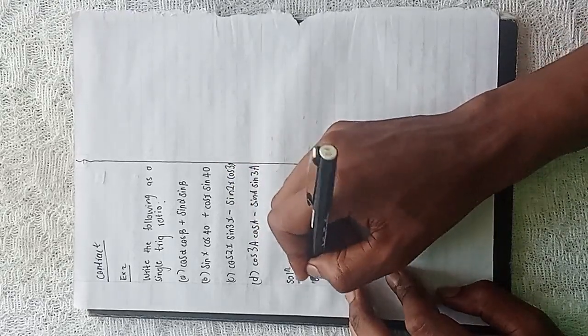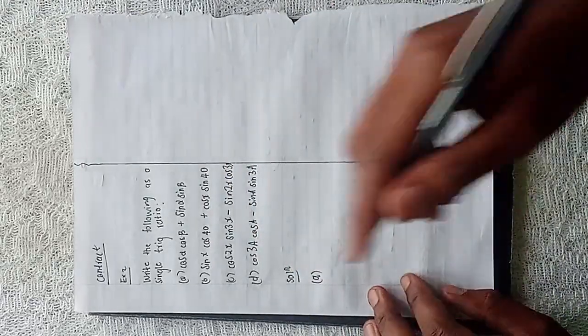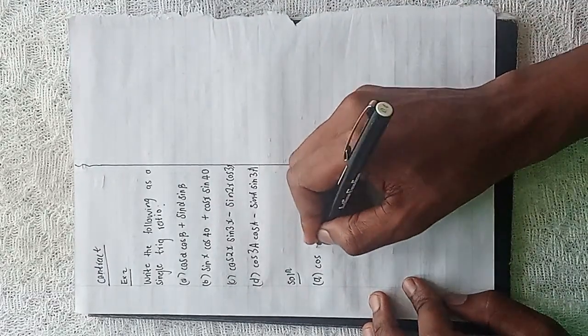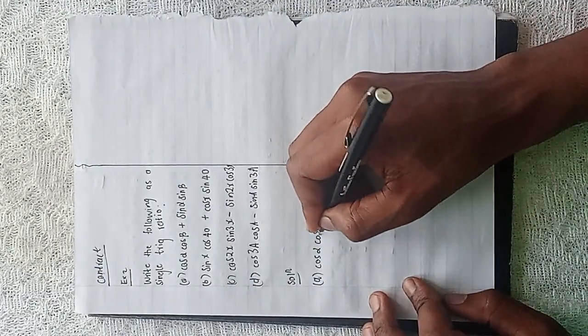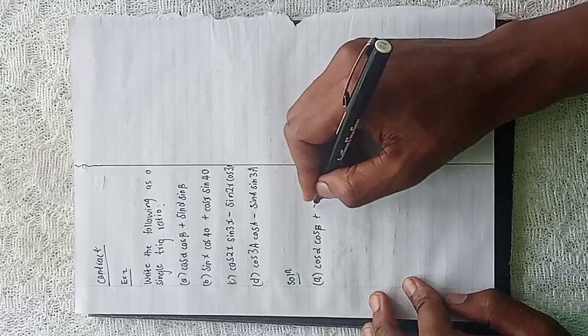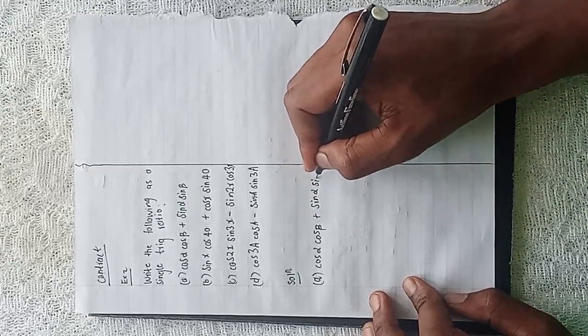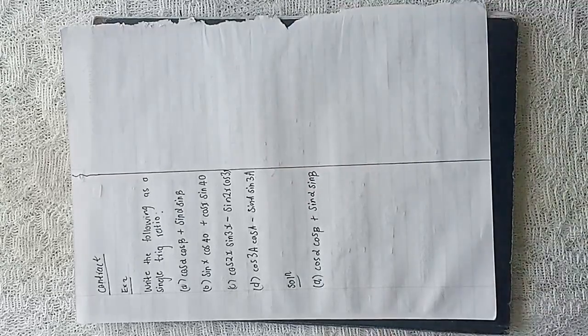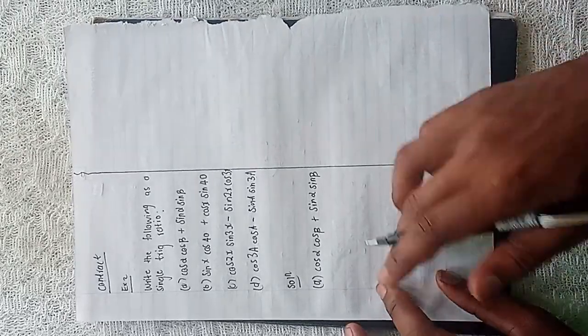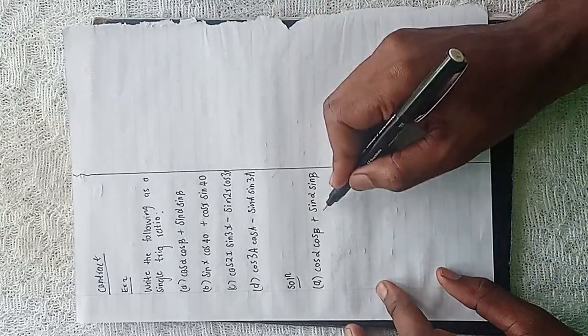All right, so let's look at our solutions. So how do we contract cos alpha cos beta plus sine alpha sine beta? We'll apply our compound formulae. I can see I have cos cos, sine sine.